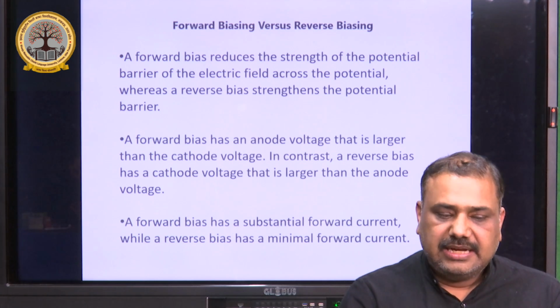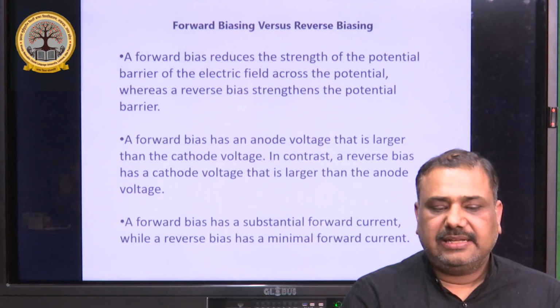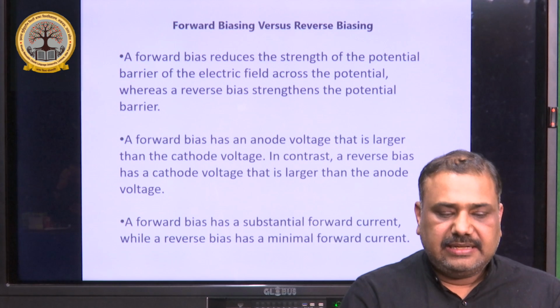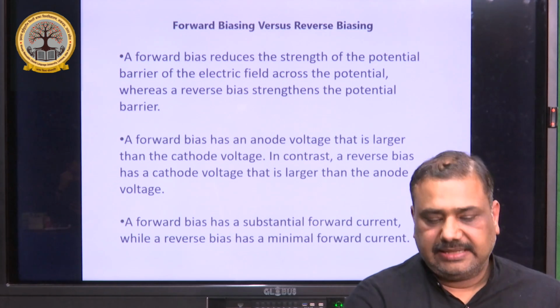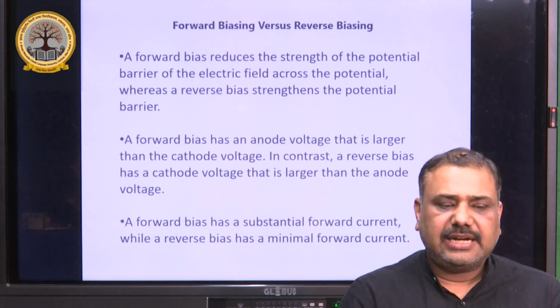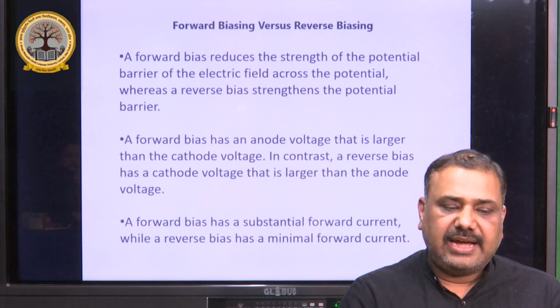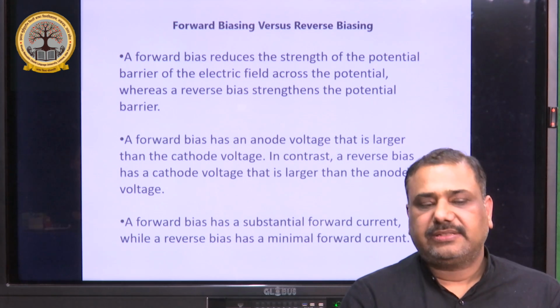In contrast, a reverse bias has a cathode voltage that is larger than the anode voltage.